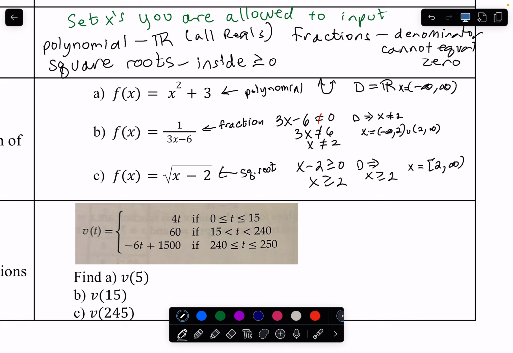So the bracket on the 2 is used if we have an equal to symbol. And then the infinity is just telling us we're going bigger and bigger and bigger to the right. So 3, 4, 5, 6, 7, 8, 9, 10.7, whatever is bigger than 2. Okay? So those are the 3 types that we need to focus on.